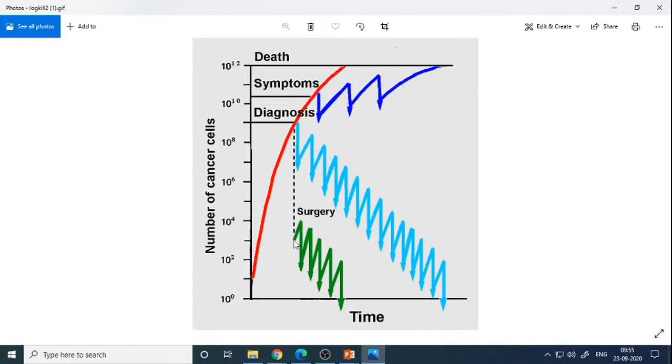Initially if you can identify early and if you can remove the tumor, that is the best thing. Then progressively the number of cells will fall. Additionally, you may give treatment also, chemotherapy also. So this is the principle of treatment of cancers, where early detection matters. Early detection followed by, if the option is there, surgical resection matters even more.